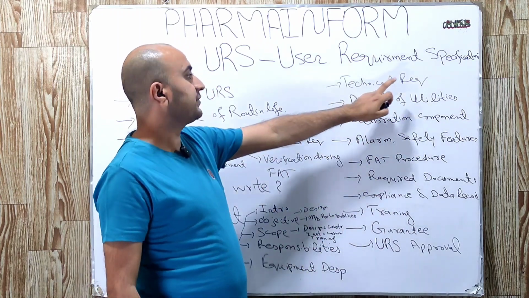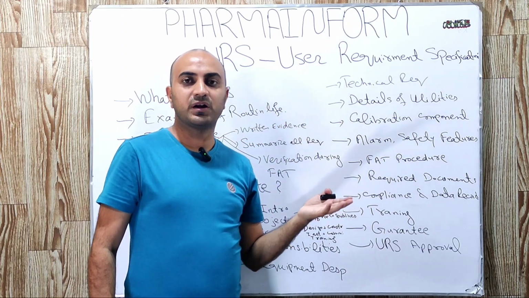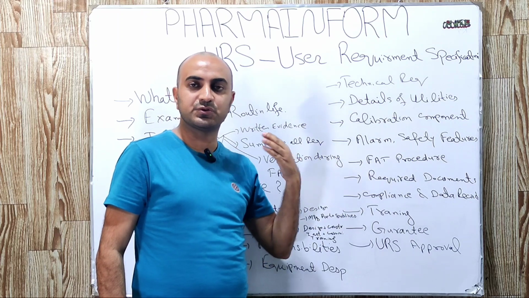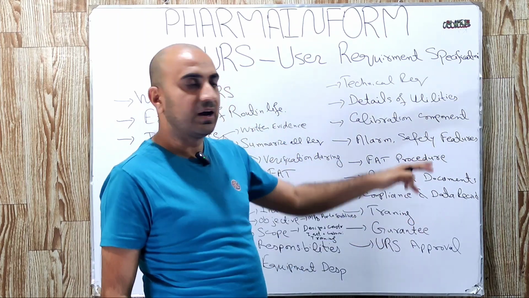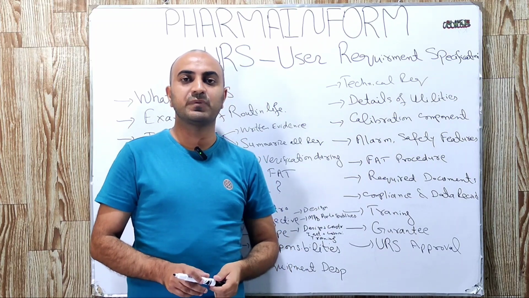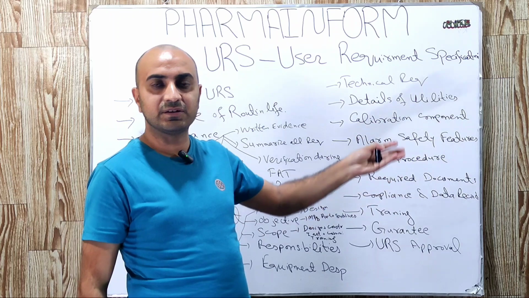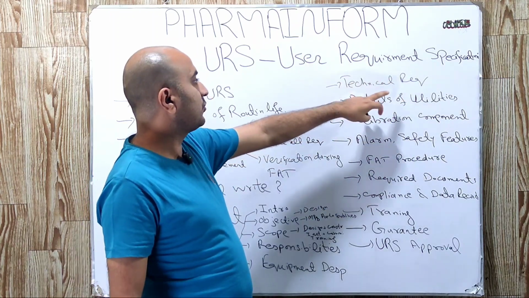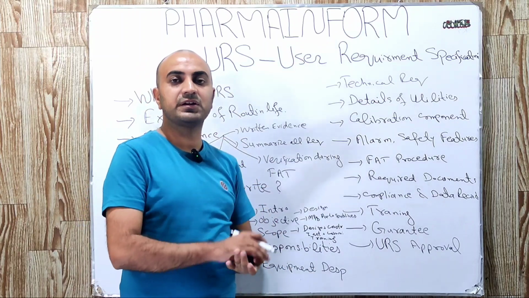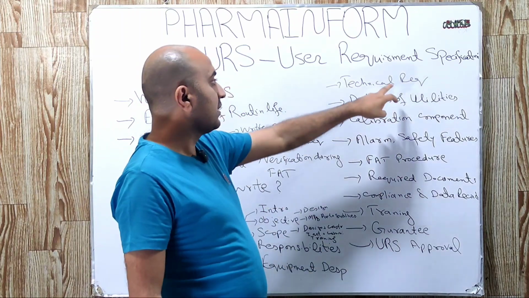We will discuss each component, even which type of lid you require, whether you need installation of a light, and whether you need a viewport or not. All these are mentioned in the URS, because if you do not mention anything in the URS, you will not get it in your equipment. So the technical requirement portion is filled with great care and in consultation with all the stakeholders.